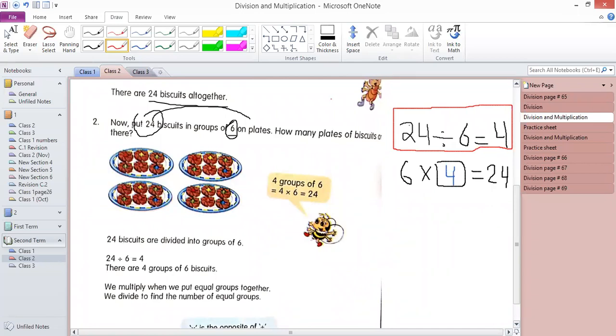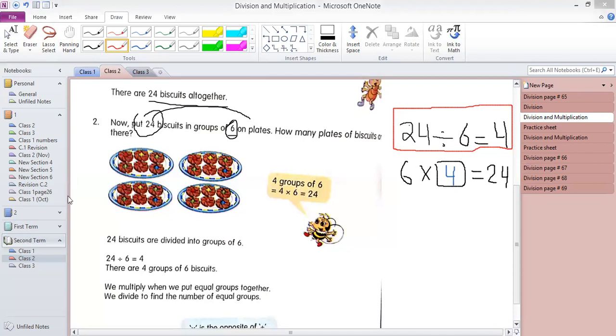So this is the division sentence, guys. Each plate will have 6, that's why there will be 4 plates, and 24 biscuits will come in 4 plates. Up to here, everything is clear, guys? Yes, sir. Very good.